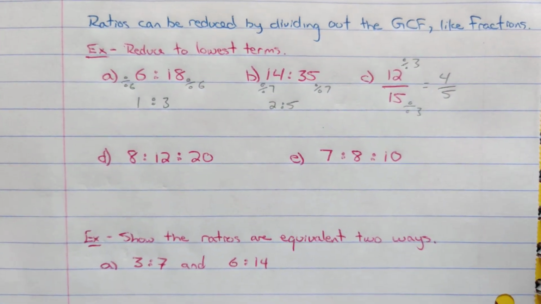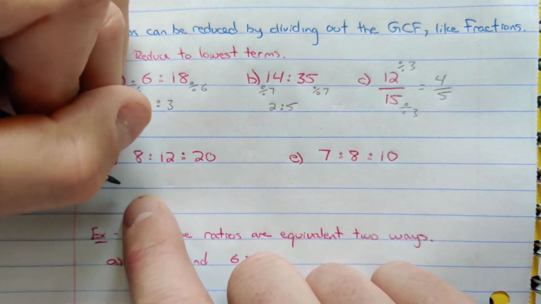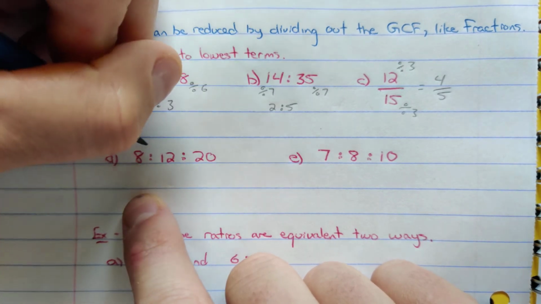Even if there's multiple terms, or more than 2, like 8, 12, and 20, we have to find the greatest common factor in all 3. So 8 and 12 and 20 have a common factor of 4. And so we divide everything.